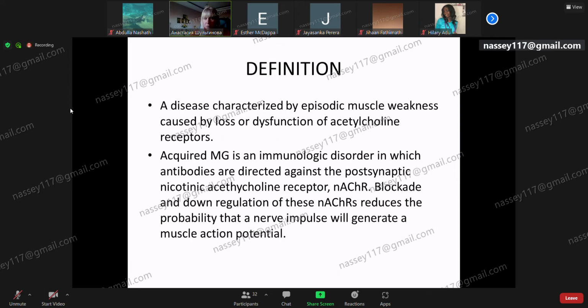We see a normal level of acetylcholine, but antibodies close or block the receptors of the postsynaptic membranes, the nicotinic acetylcholine receptors. Due to this, the impulses are unable to go through the neuromuscular junction, and in the clinical presentation, pathological muscle weakness appears.